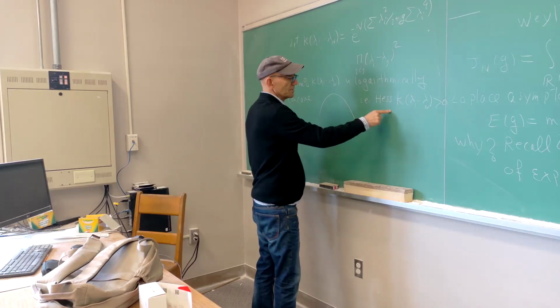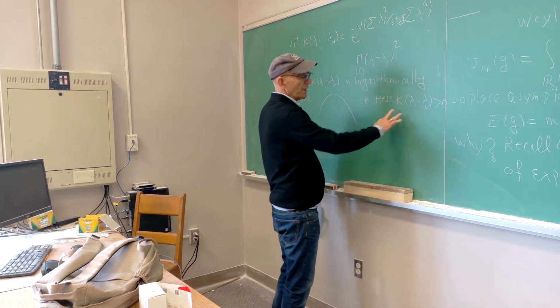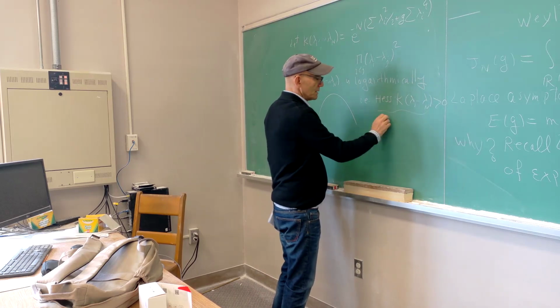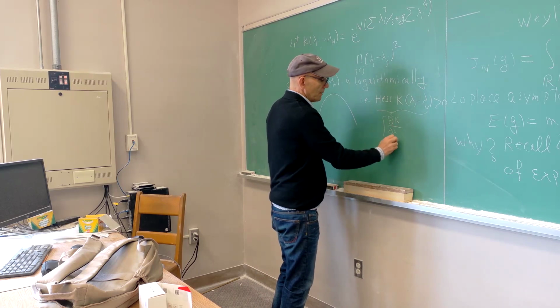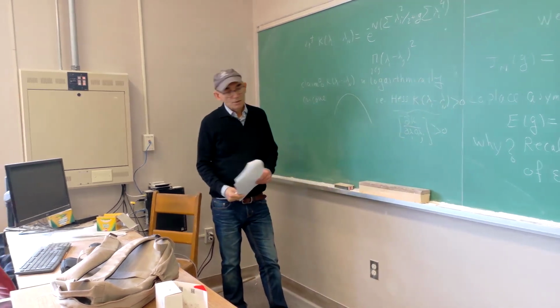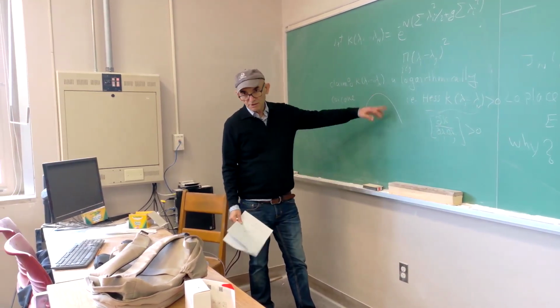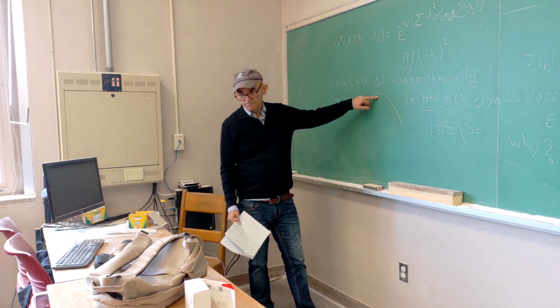This is the matrix of second derivatives d2k over d lambda i d lambda j. As a matrix, this is a positive matrix. So this guarantees concavity, and a unique maximum follows from this.